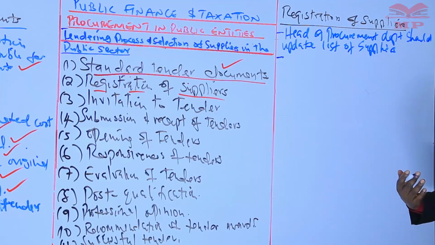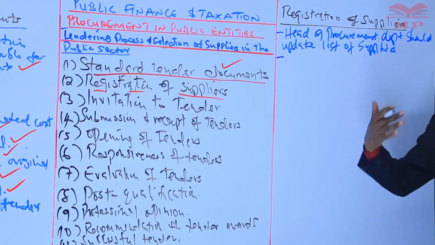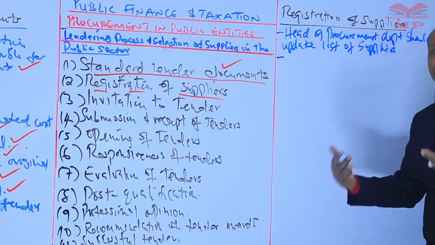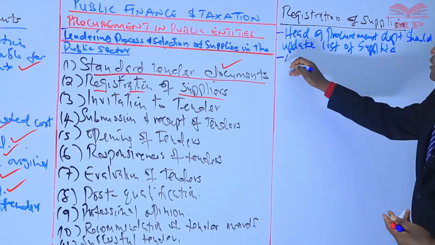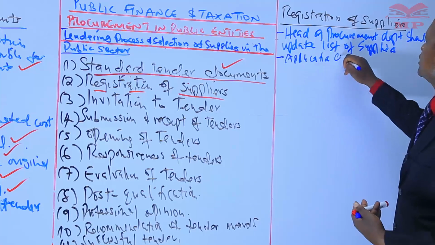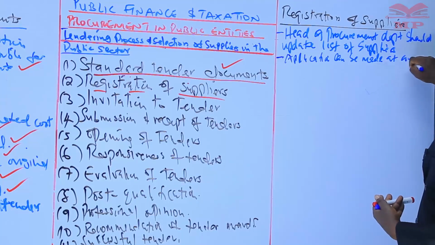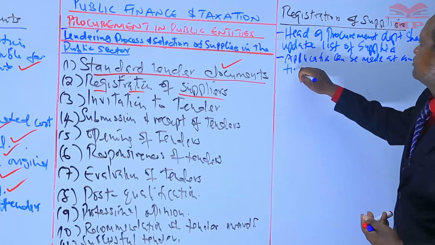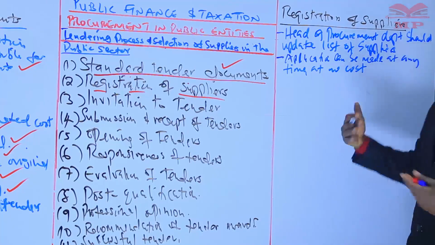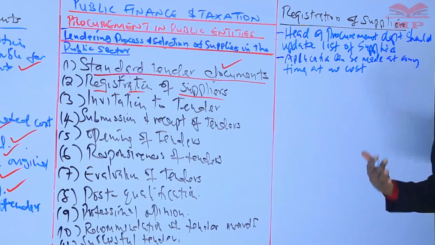In other words, an application to be included in the list of procuring entity may be made at any time, at no cost, and shall remain proof.